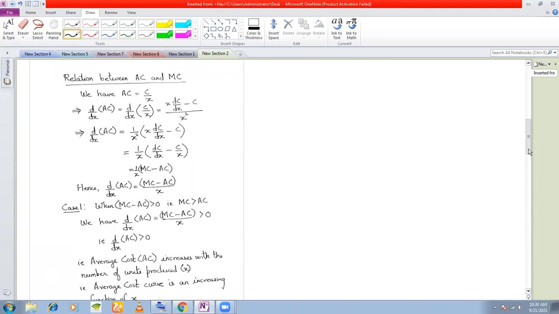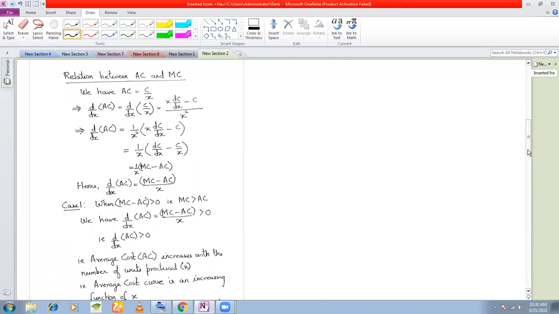Okay, next is the relation between average cost and marginal cost. This is something that is very, very important. The deduction also comes in your exam. So what is the relation between average cost and marginal cost? I have started here with average cost, which is C by x. I have differentiated the average cost on the right hand side by the u by v rule, and I have got this.